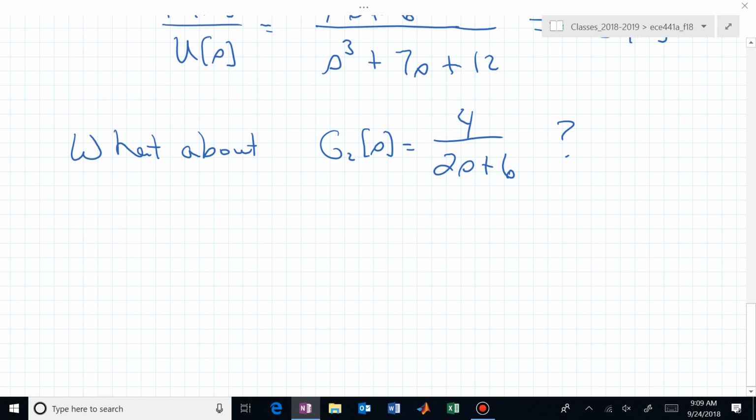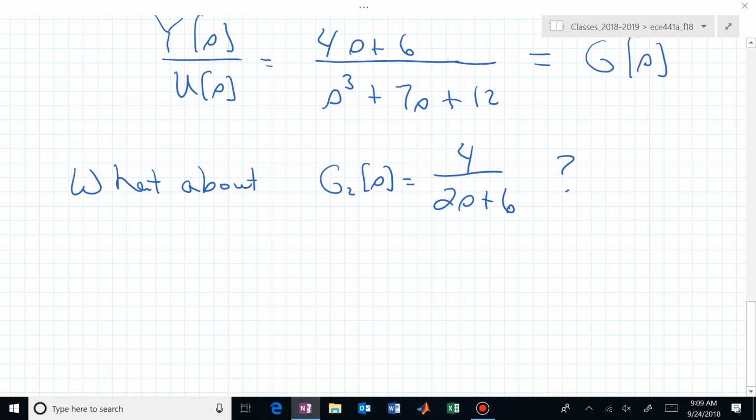What if we take G sub 2, and the other thing, comparing the denominators, what's different about G sub 2 versus G sub 1 in terms of the leading power or the highest power? Okay, G sub 2 is multiplied by 2 in the denominator, the leading power, 2s.